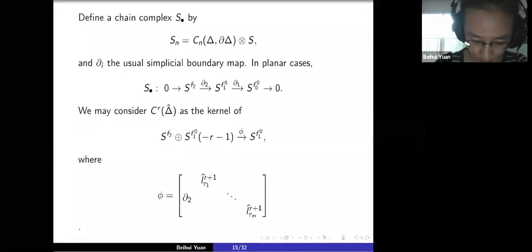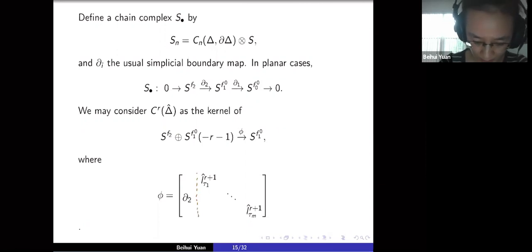We may consider the graded module as the kernel of such a map. Again, this is the number of interior edges, and this is the number of faces of delta. And this map has 2 blocks.